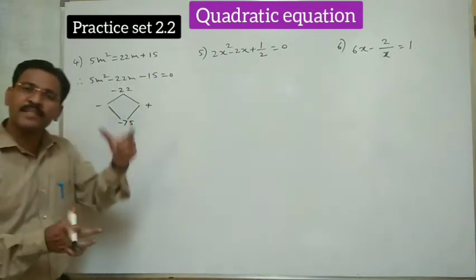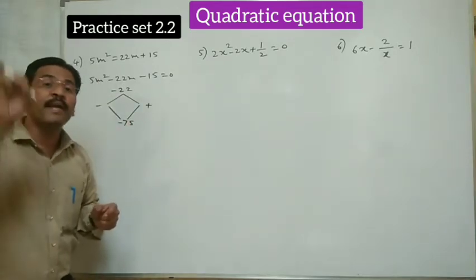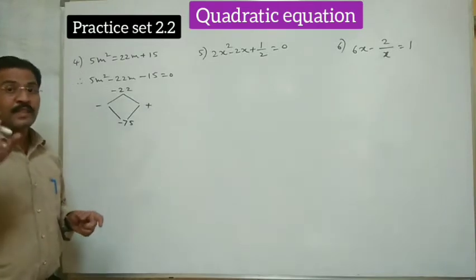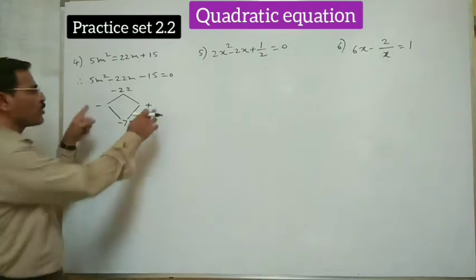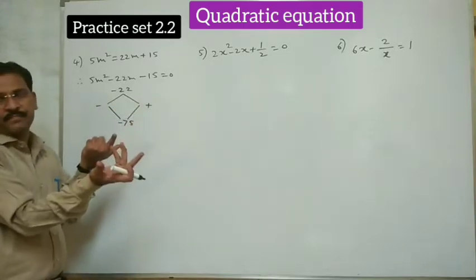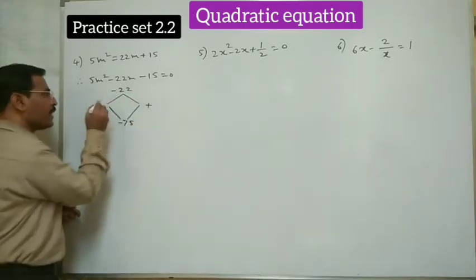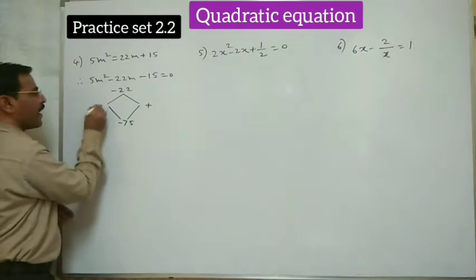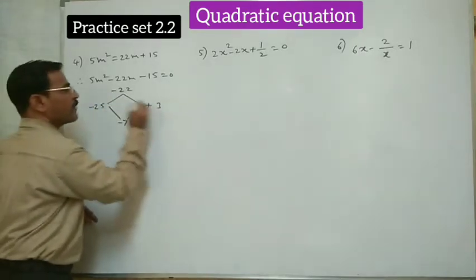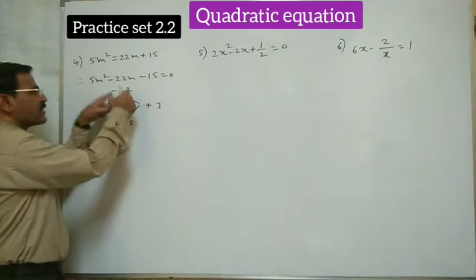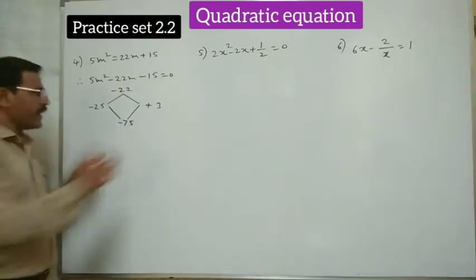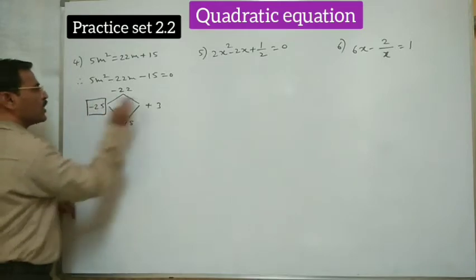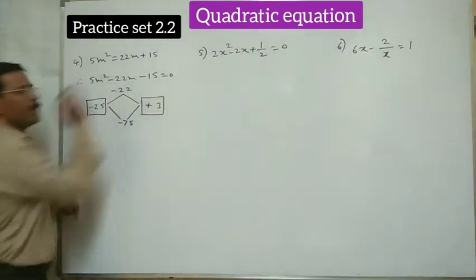From all factors, choose whichever is applicable. Means 25 and 3, then the difference is 22. Why the difference? Because both have different signs. The greater number is minus 25 and the smaller number is plus 3, means their difference is minus 22. Give the greater number the sign like this. Understand? Now these are the two factors of the middle term.